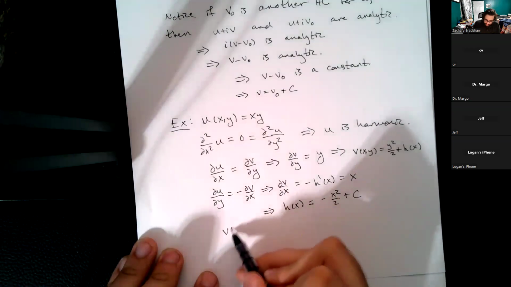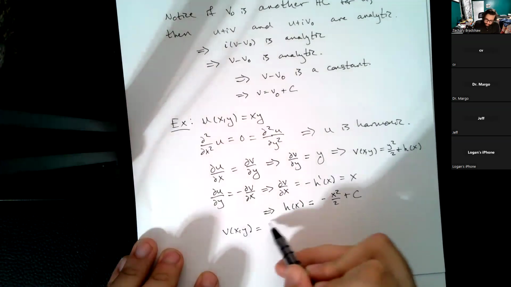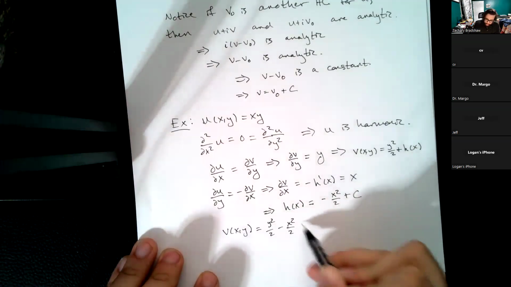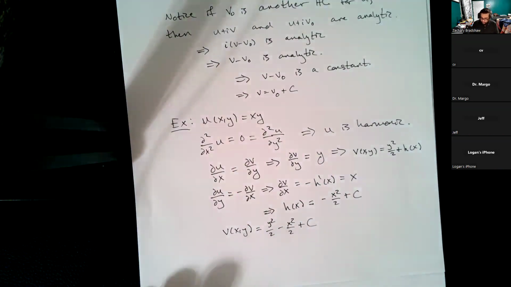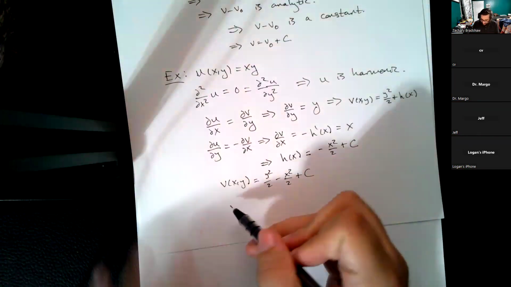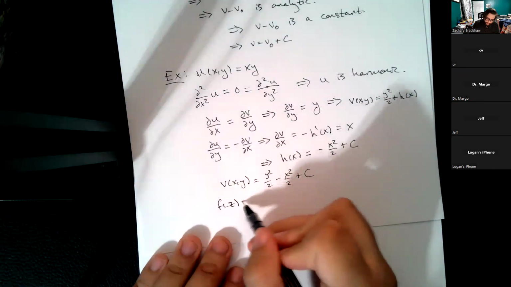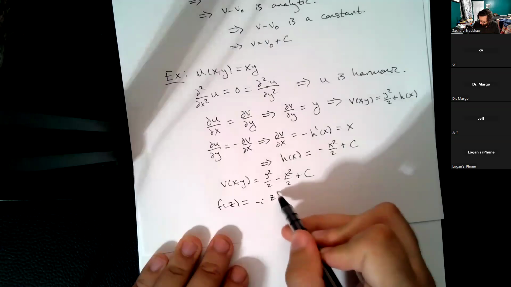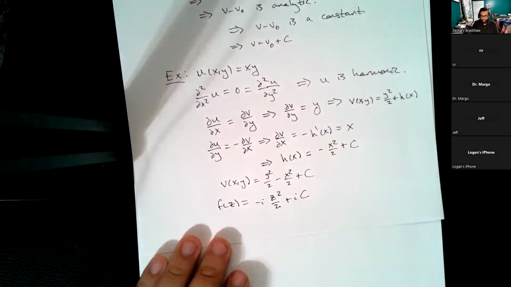And so what I'm left with is that v of x,y is equal to, let's say, y squared over 2 minus x squared over 2 plus a constant. Okay, so when I put this together, I see that the analytic function that these make is minus i z squared over 2 plus i c.